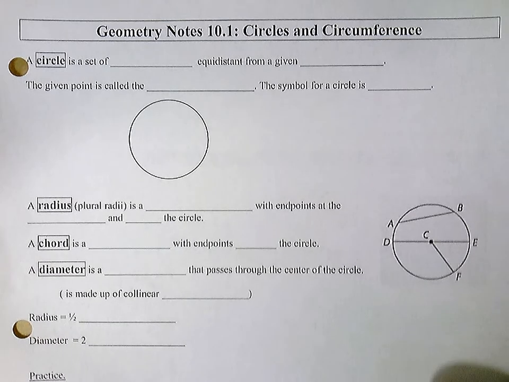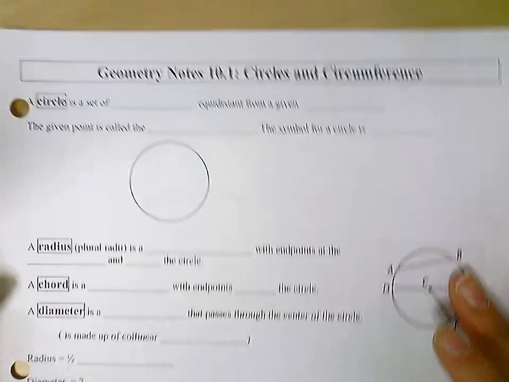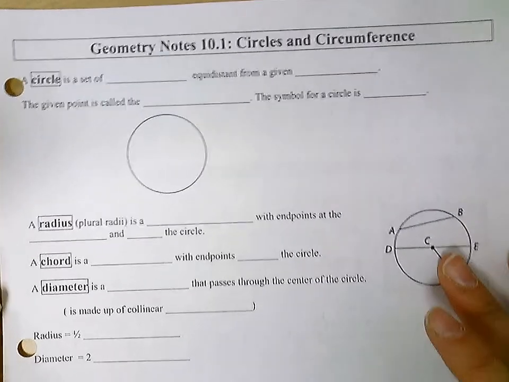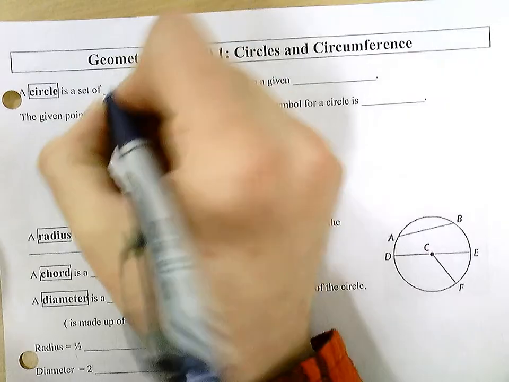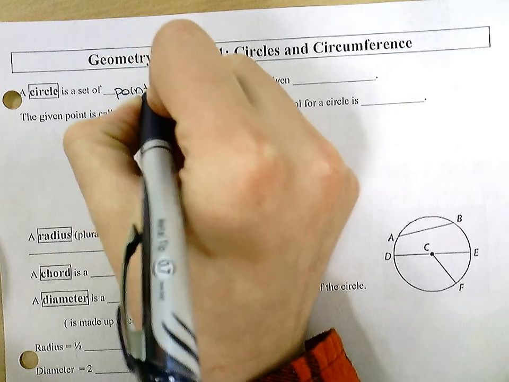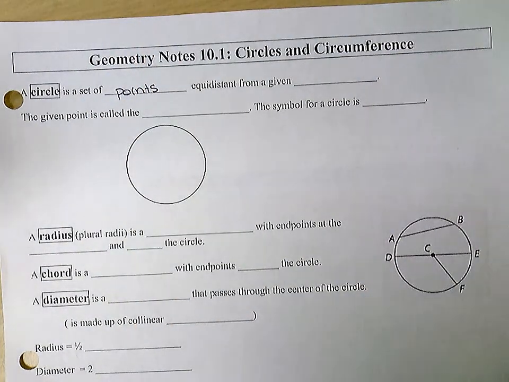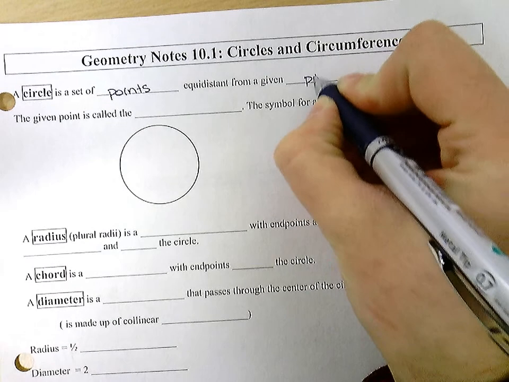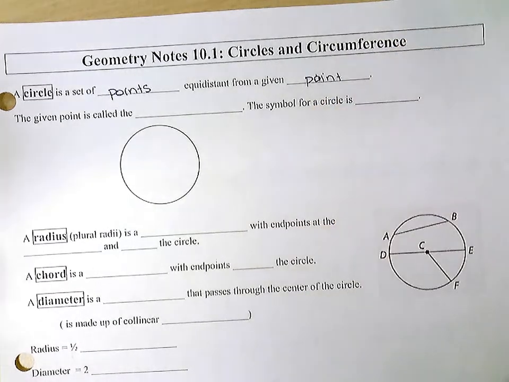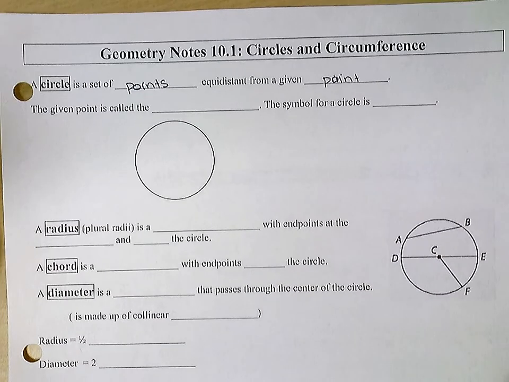A circle is a set of points equidistant from a given point. So you have a point in your circle, and it is the set of points equidistant, those points around that given point.